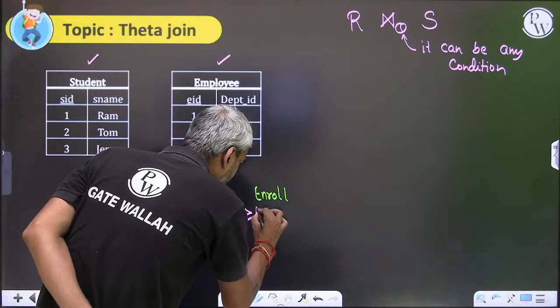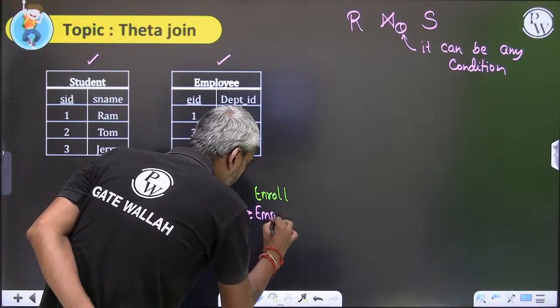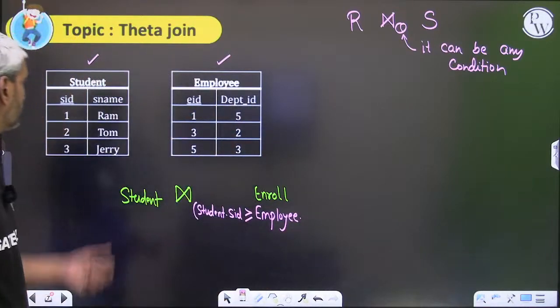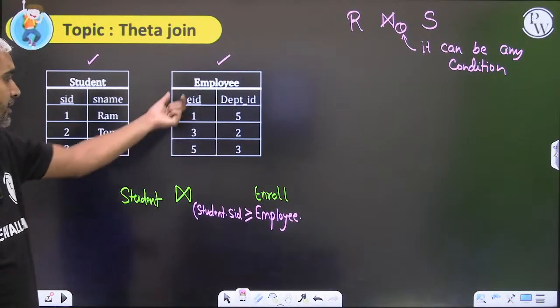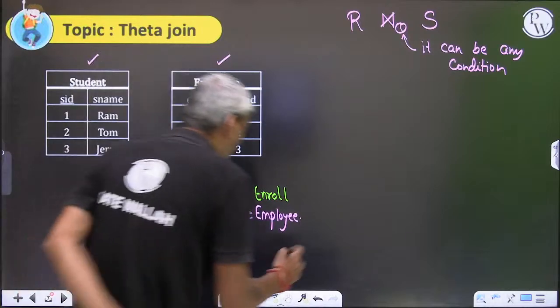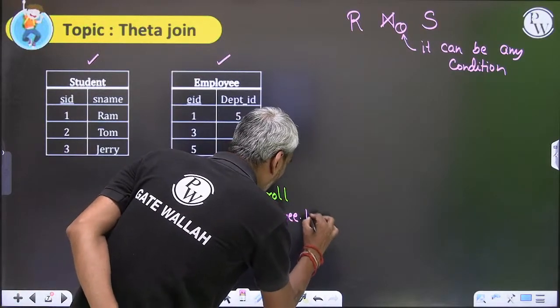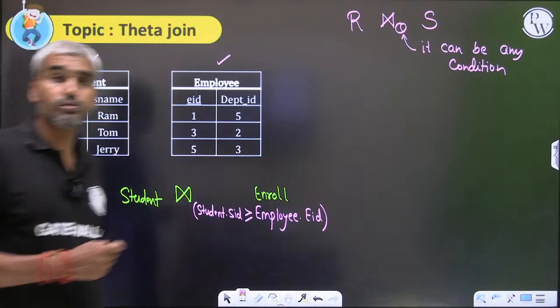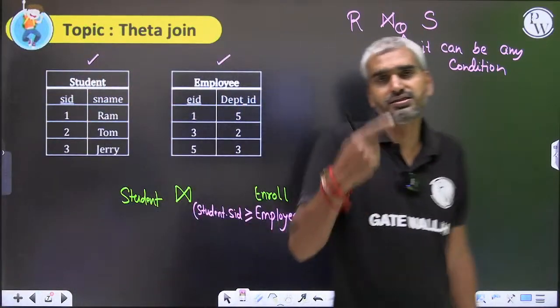Now you may be asking, sir, why are you trying to join two tuples in which one attribute is SID and another attribute is EID? I'm just trying to explain that you can perform the join operation on any set of attributes, whether it is meaningful or not, it is up to you.